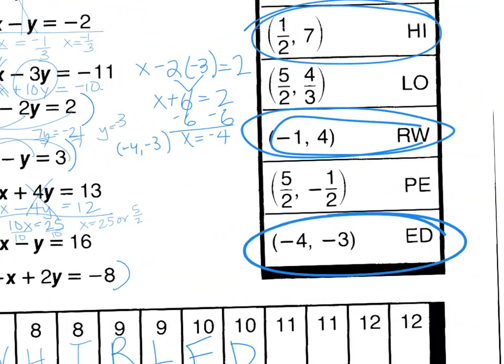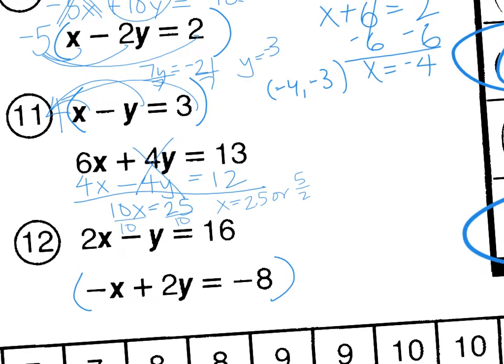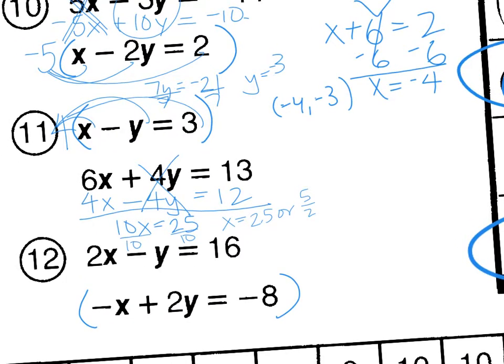So let's take a look at our answers. Okay, if you notice, we have 5 over 2, so we actually have to take that answer and finish the question. So let's go back up. So this is going to say 2.5 minus y equals 3.